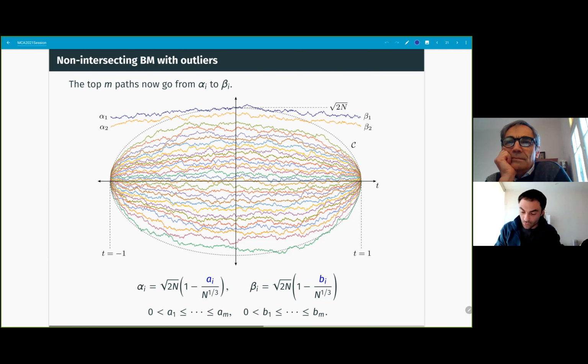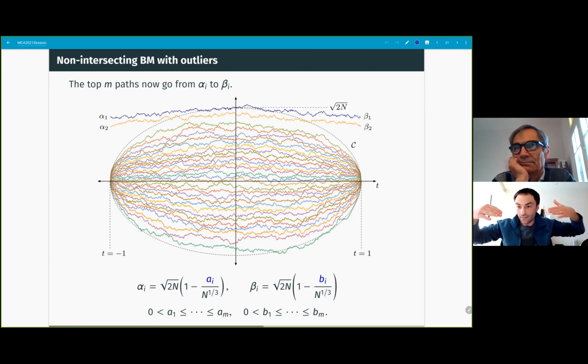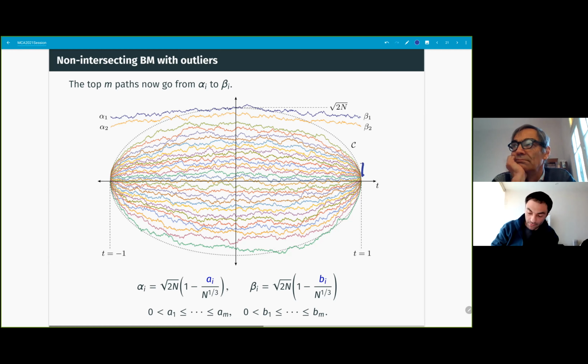And what I want to do is scale this in an interesting way. If these beta 1, beta 2, alpha 1, and alpha 2 were at some distance which is order 1, as I take n to infinity, I would not see anything in truth. Essentially, I would see the same scaling limits, because a difference of order 1 doesn't really make any difference.